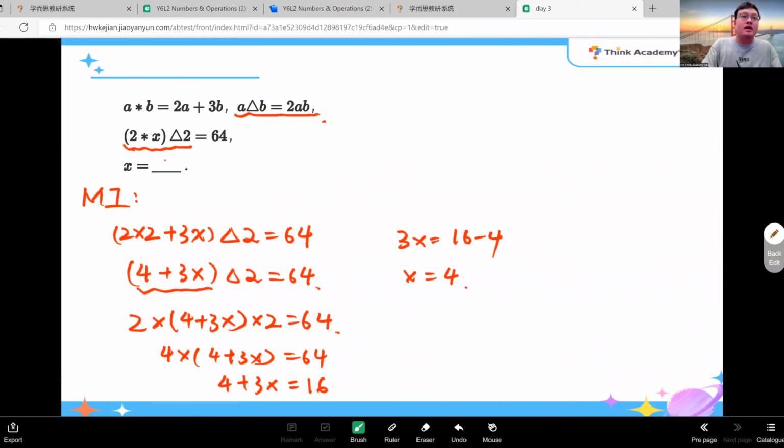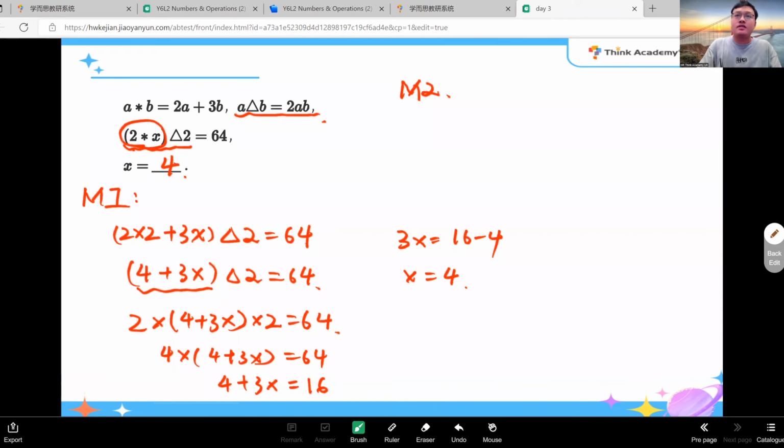That's it. And what is the second method here? So basically, we just replace or use another letter to substitute this 2 times this 2 star x.